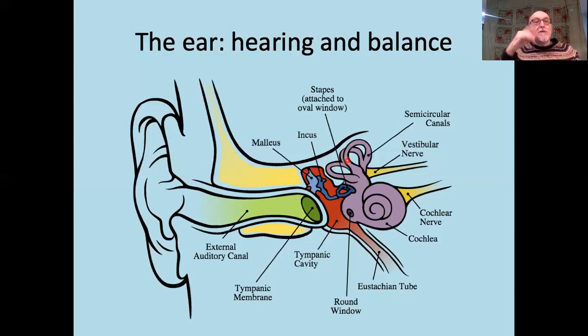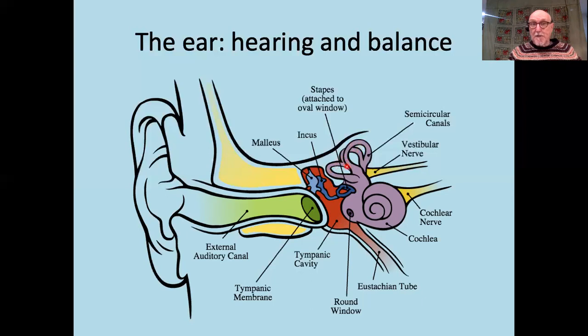So we have a semicircular canal in each of the dimensions which comprise the three-dimensional space that we are in. It is these semicircular canals which give us our sense of where we are in that space. And as we move, it is our semicircular canals that inform our brain exactly how we are moving and where we are in space as we are moving.